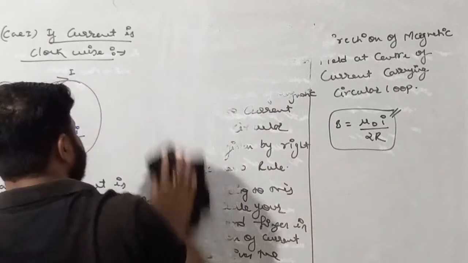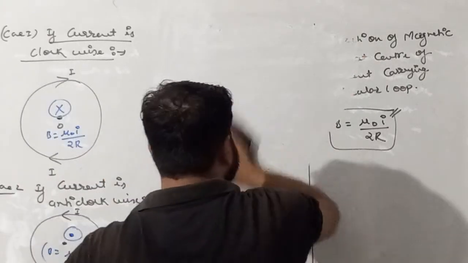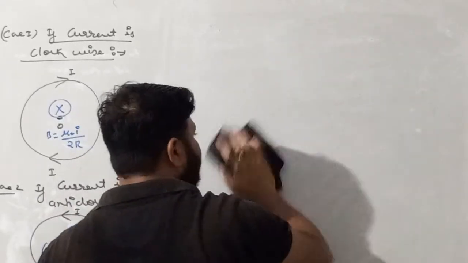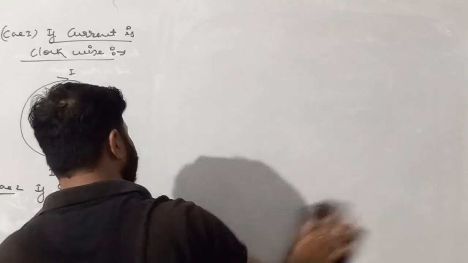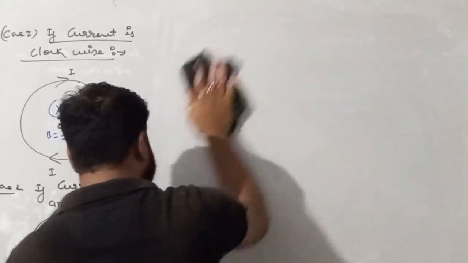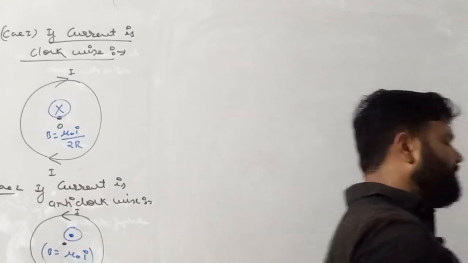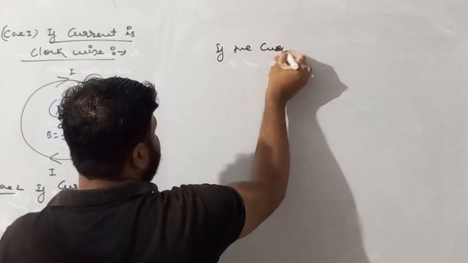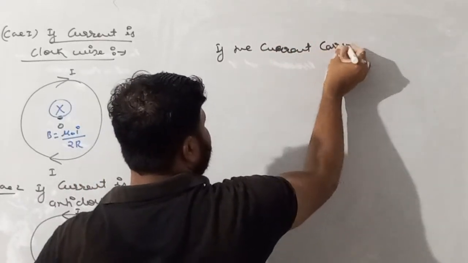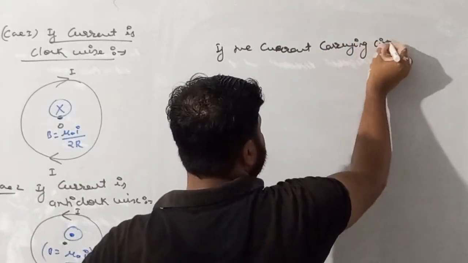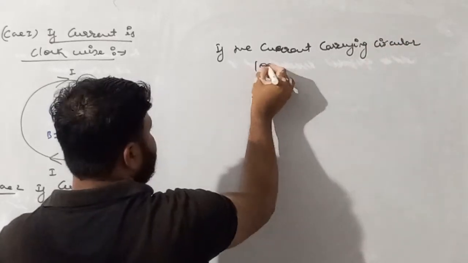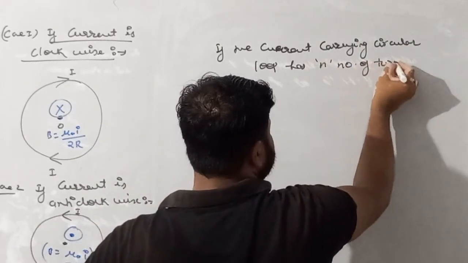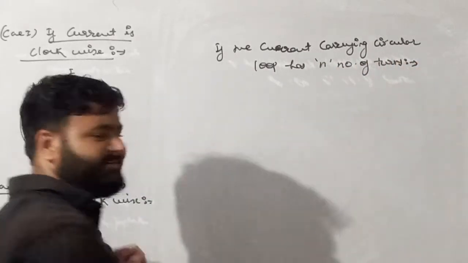If the current carrying circular loop has n number of turns, my dear student, n number of turns.